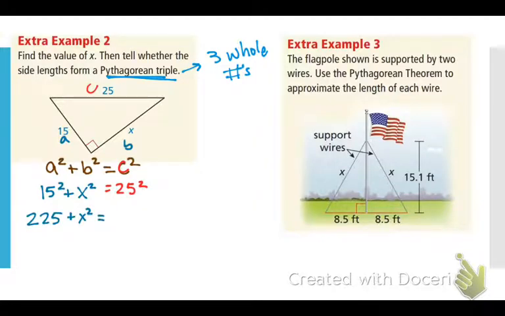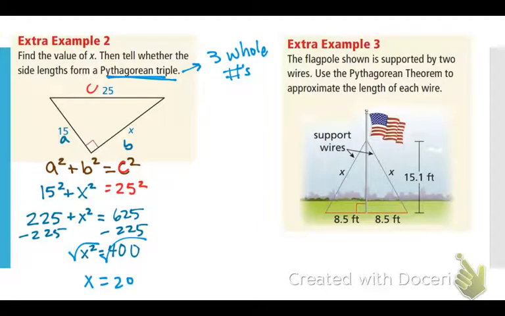And then 25 squared is? 625. So we get 400. Take the square root. 20. So if x is 20, is this a Pythagorean triple? Yes. All the side lengths are whole.